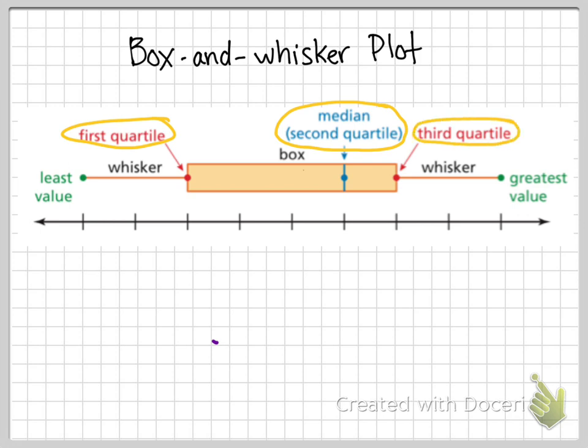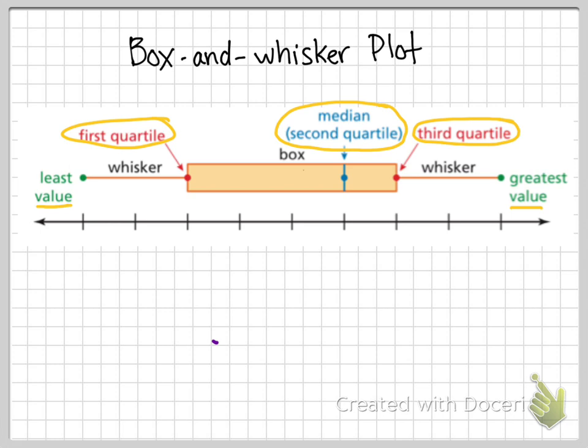And remember, if we have the first and third quartile, we can find the interquartile range by doing Q3 minus Q1. We can also see the range of the whole data set because we can see the biggest value and the smallest value and subtract those. The box and whisker plot shows us the distribution of data in quarters.